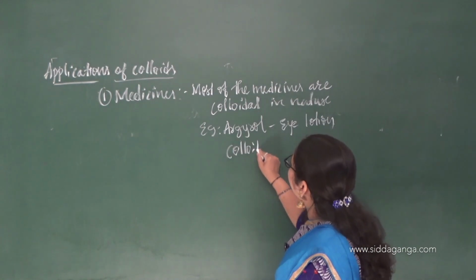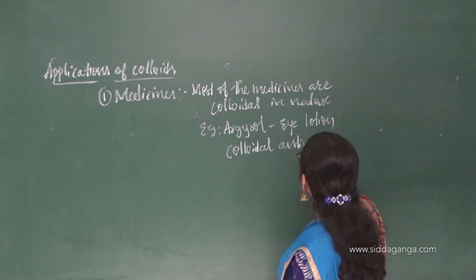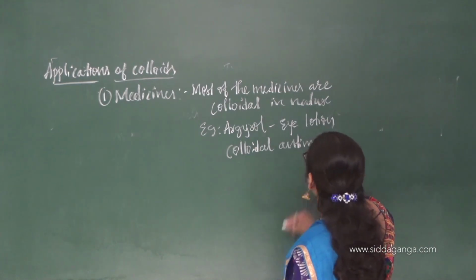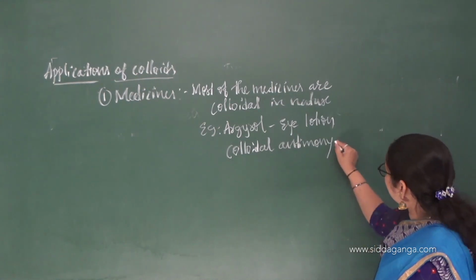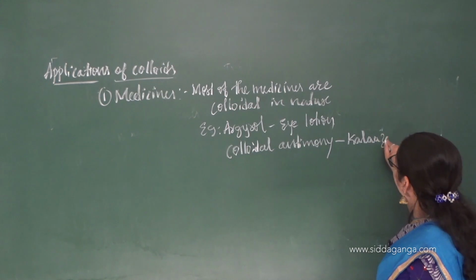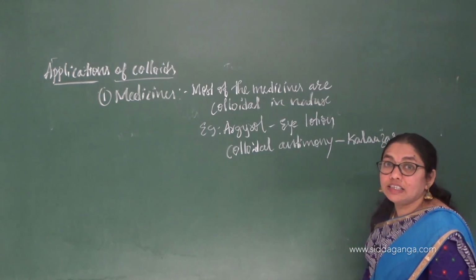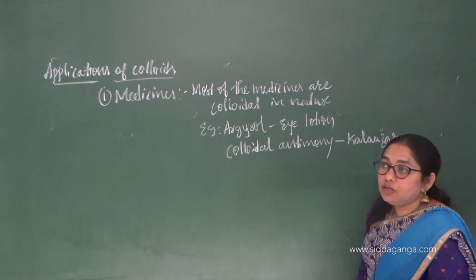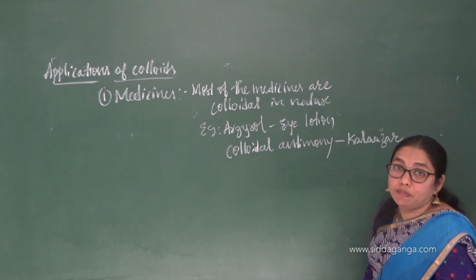Or else you can have the example of colloidal antimony. By taking antimony, you can make a colloidal solution. What is the use of this? You can use it in the treatment of a disease called Kala Azar, also called leishmaniasis. It causes fever and skin infection, and finally death of the person also.